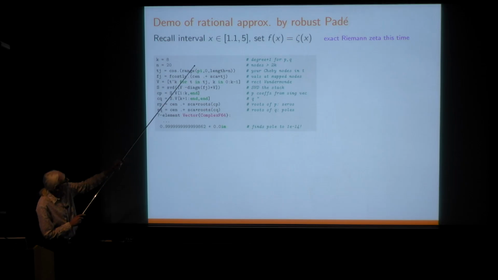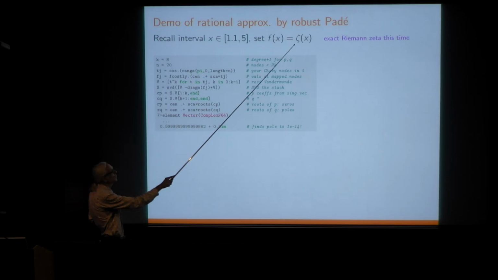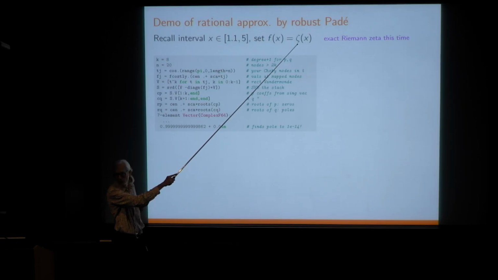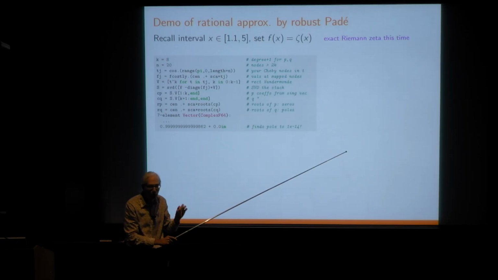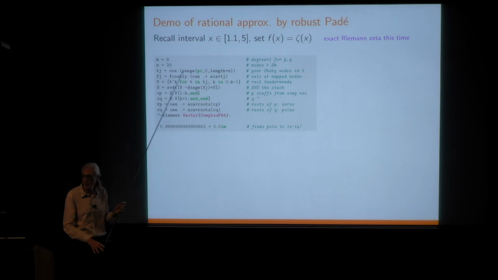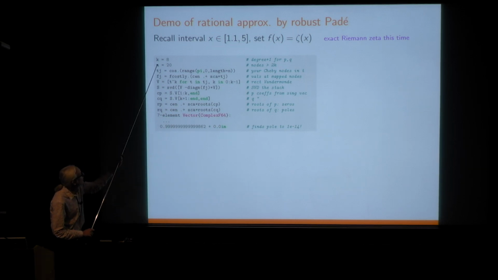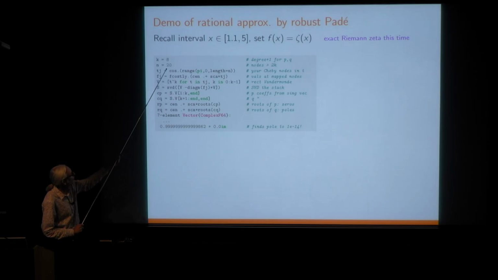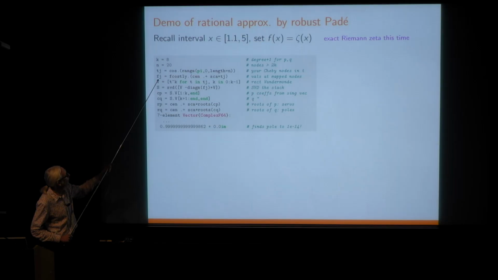So let's demo this. Again, a little Julia code. I'm actually going to go back to the exact Riemann zeta function, because that's the thing that has an actual pole nearby. Let's pretend we don't know where it is, or we don't know what the function looks like. So, okay, you pick a degree, you pick a number of nodes, you set up some Chebyshev nodes. Here's your costly function, which is the zeta function.